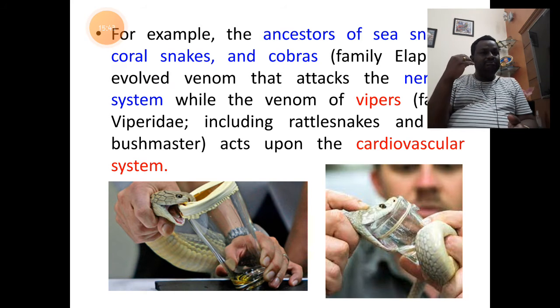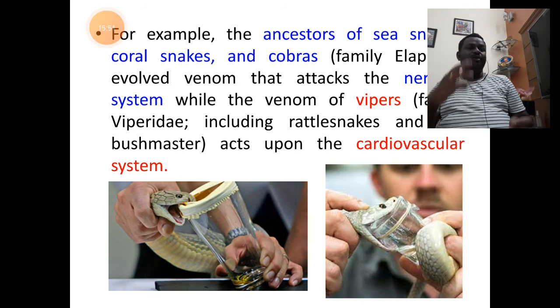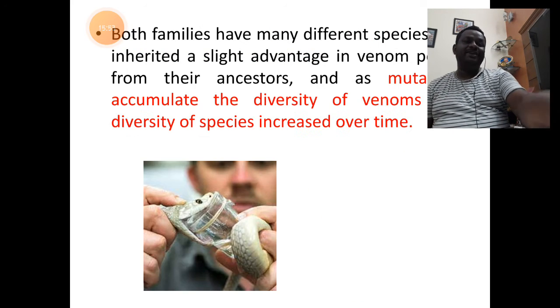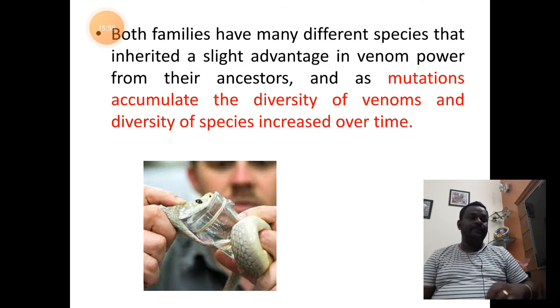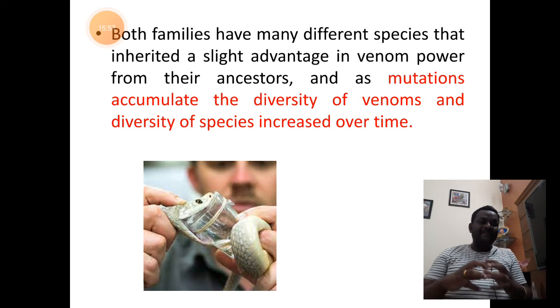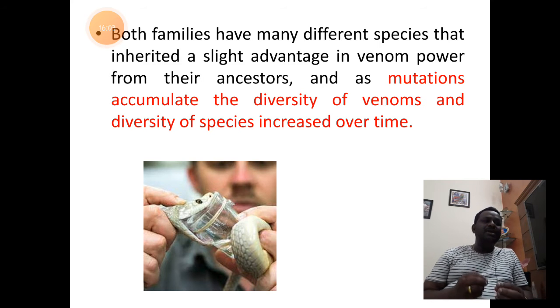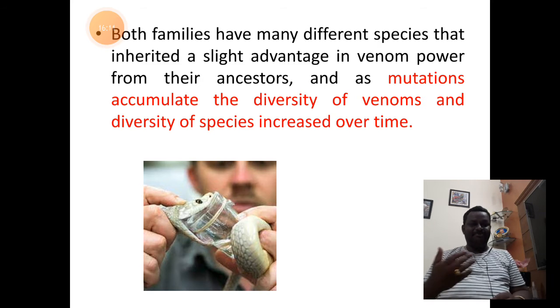So Elapidae will attack the nervous system and Viperidae will attack the cardiovascular system of the victims. So the diversification of venom activity of these two families of snakes is merely due to mutations that took place over a period of time.